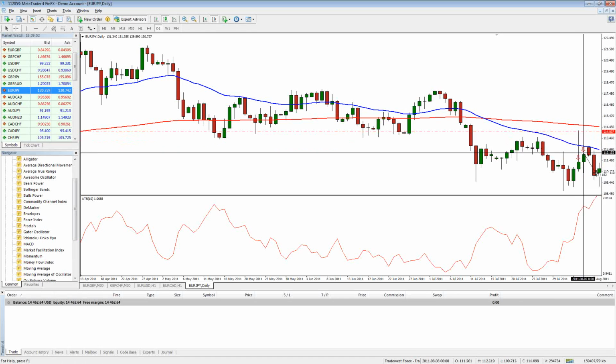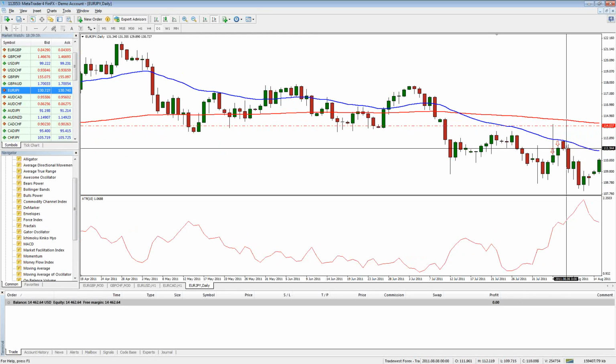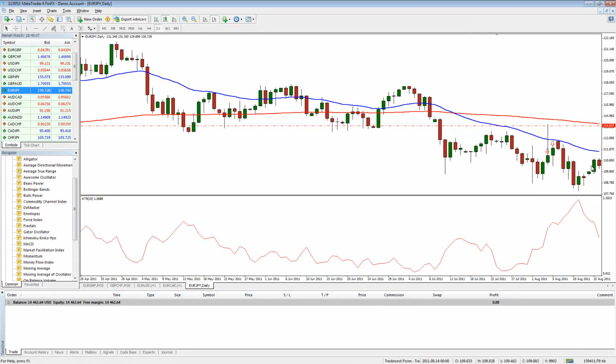So if you're looking for 250, it got up to 300. So you would have easily got 250 on that trade. If you're going for 2-to-1 on this one, it didn't quite make it there, but if it doesn't make it and starts to come back, take the 1-to-1. There's a lot of different things you can do for the exit.